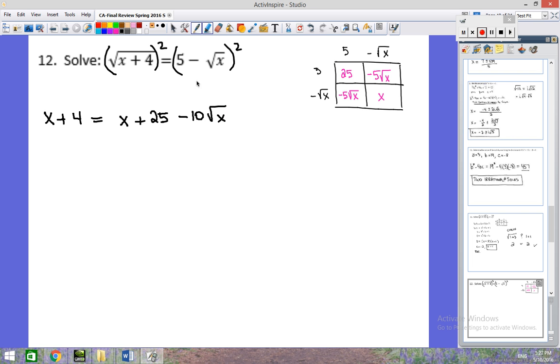So we have to get this radical term by itself. If we subtract x from both sides, we see that the equation is simplified quite a bit, that this term goes away and so does that term. So let's just go ahead and cancel those out now. If you subtract x, both of those cancel. So let's subtract 25 from each side.